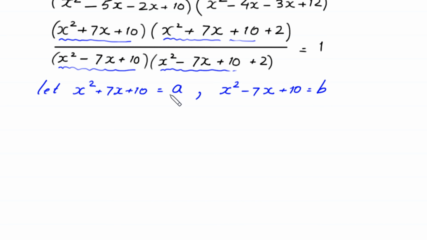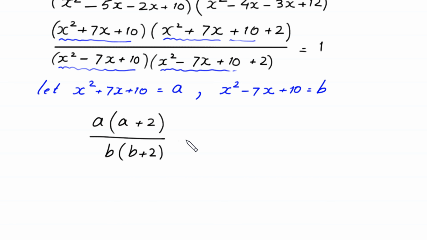And we substitute a and b in this equation, then this equation becomes a times, value of x squared plus 7x plus 10 is a, plus 2, divided by, value of x squared minus 7x plus 10 is now b, times b plus 2 is equal to 1.